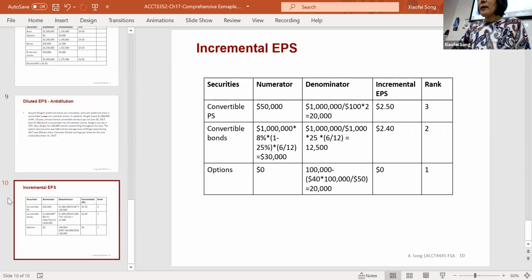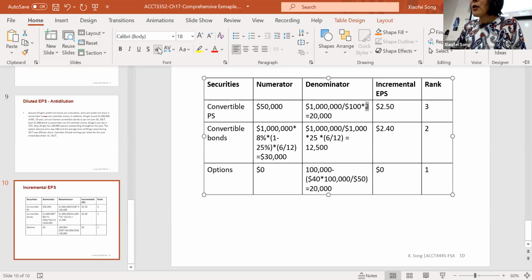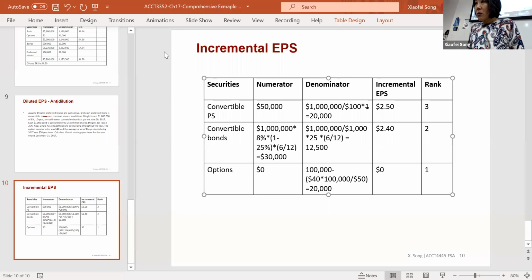Convertible bonds are fine, options are fine, but here it's different. So this will not be 2, this will be 1, and I will change it from 2 to 1. Oh, no, that's not how it's supposed to go.